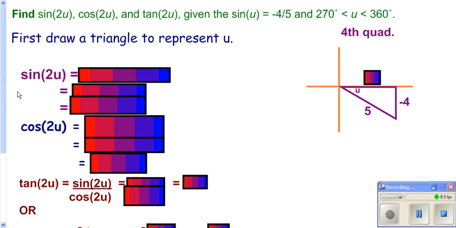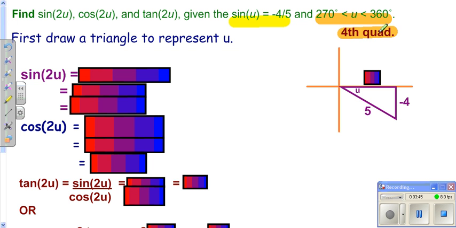So here we have the sine of 2u, the cosine of 2u, and the tangent of 2u that we want to find. The only thing you're given is that the sine of u is negative 4/5, and that you're dealing with angles from 270 to 360. 270 to 360 is really the fourth quadrant, which should make sense because your sine here is negative, and sine is negative in the fourth.